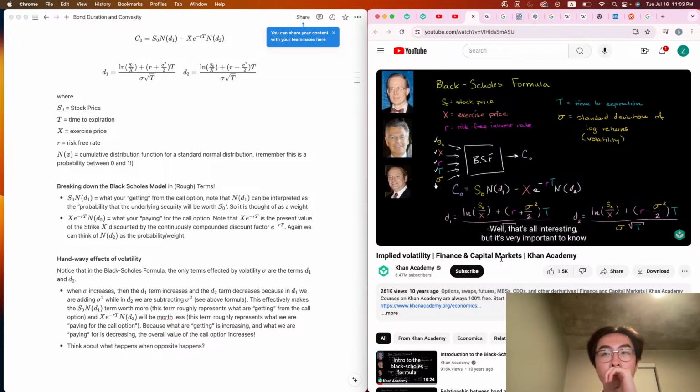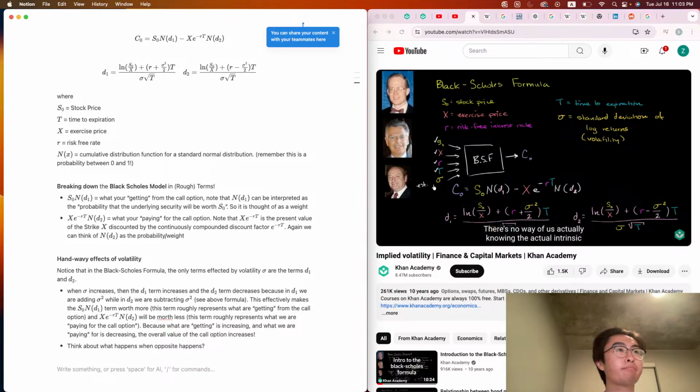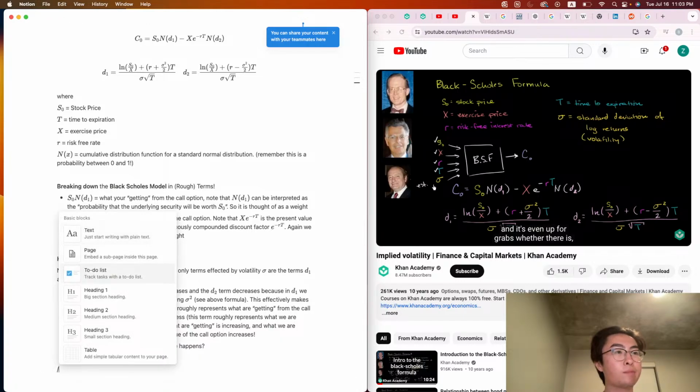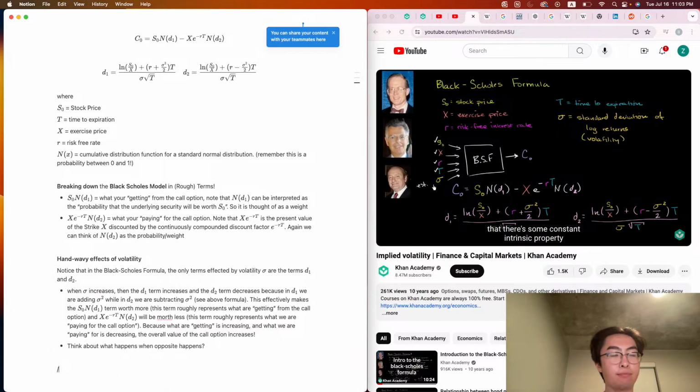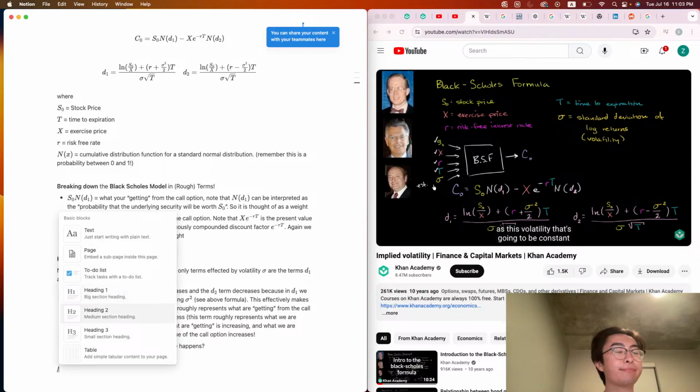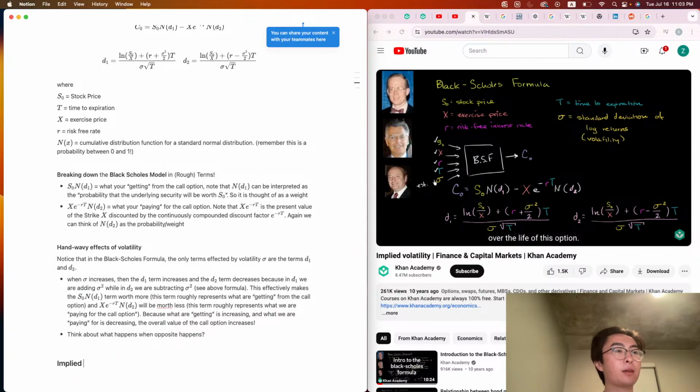Well, that's all interesting, but it's very important to know that this is an estimate. There's no way of us actually knowing the actual intrinsic, and it's even up for grabs whether you can assume that there's some constant intrinsic property as this volatility that's going to be constant over the life of this option. So this is just an estimate. It's important to know that.